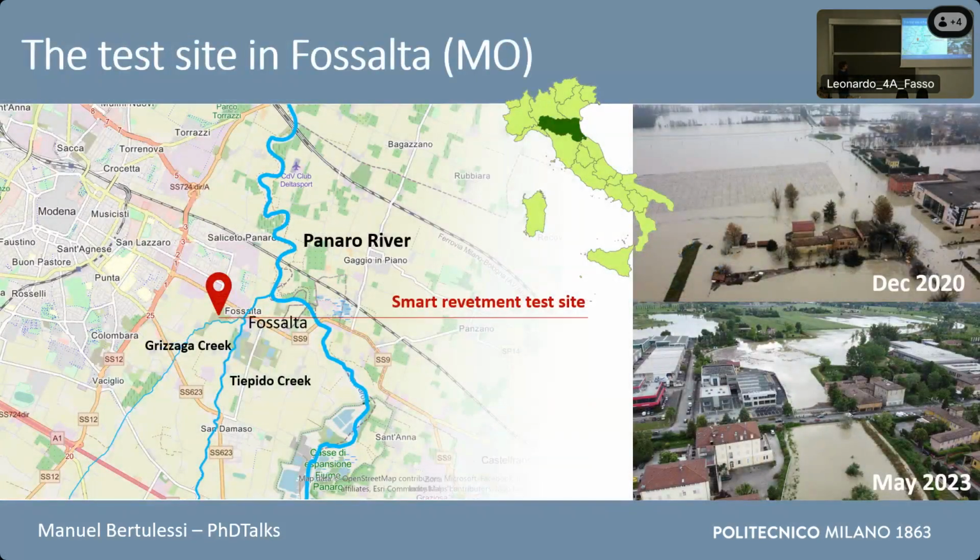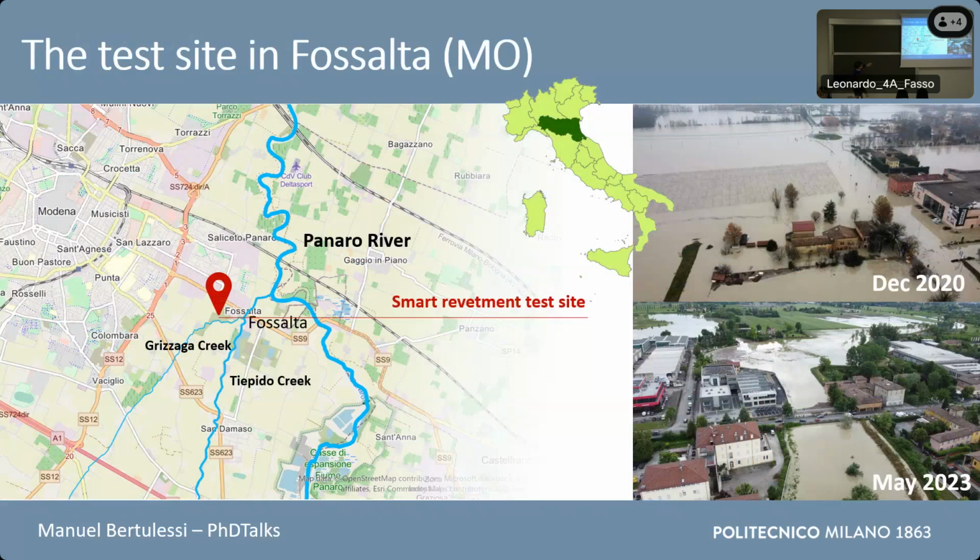The test site is placed in Fossalta by the town of Modena in the Emilia-Romagna region, and we are in a very critical hydraulic node of the Po plain, in the sense that here we have the Panaro River and these two minor creeks, the Tiepido and Grizzara Creek.